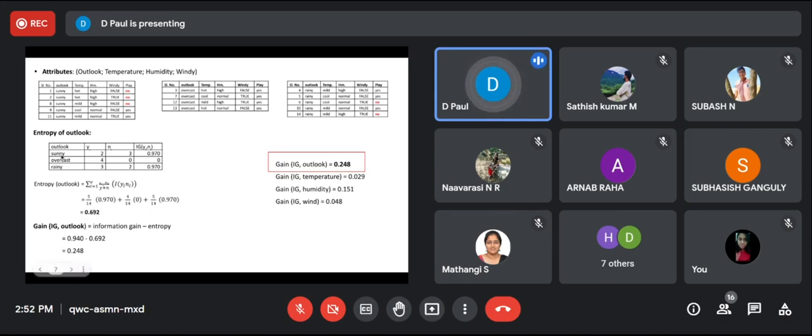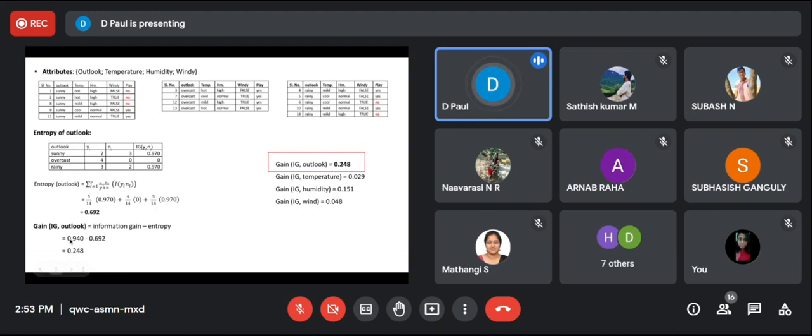Suppose here is sunny, we have 2 yes and 3 no, and this is the information gain for sunny, overcast, rainy. In the same way, we plug into the entropy formula for outlook. So 0.692.